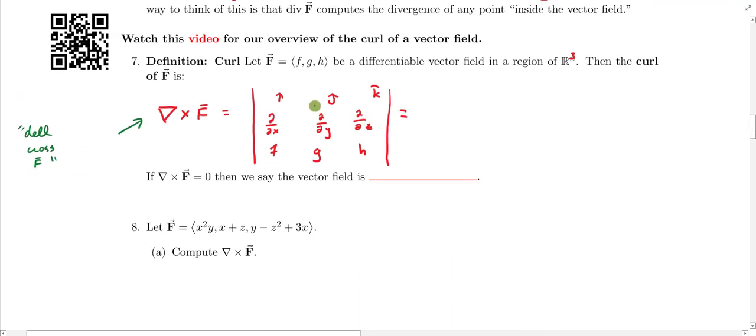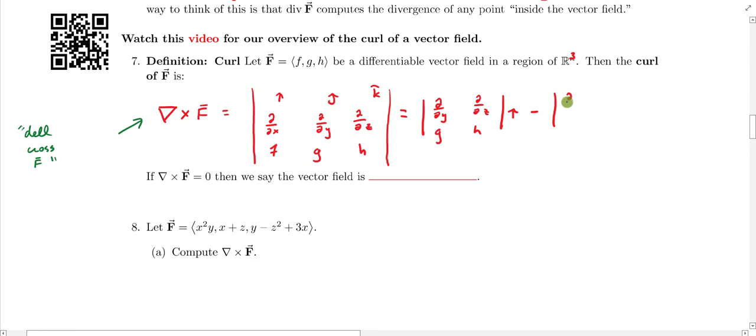Now we know how to compute a cross product, so let's go ahead and do so. For our expansion by minors, we'll have this product, and again, this is just a gimmicky mnemonic device. What does it mean to take this and multiply it by h? That doesn't make any sense, but we're going to take the partial derivative of h. So we'll write partial y, partial z, g, and h, i hat, minus, and then we'll expand by this one.